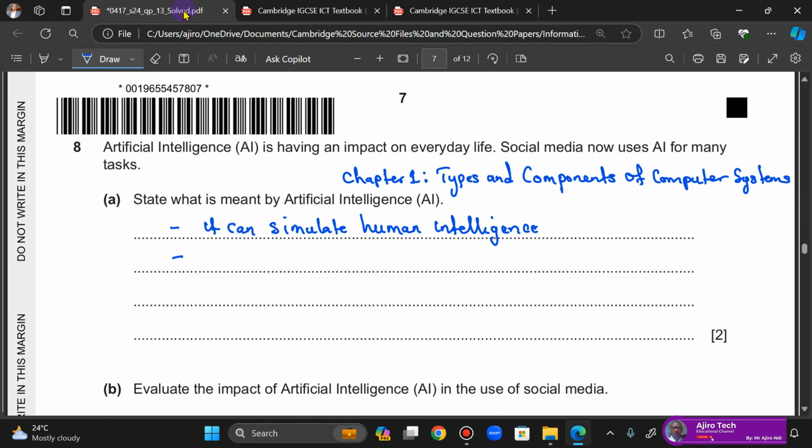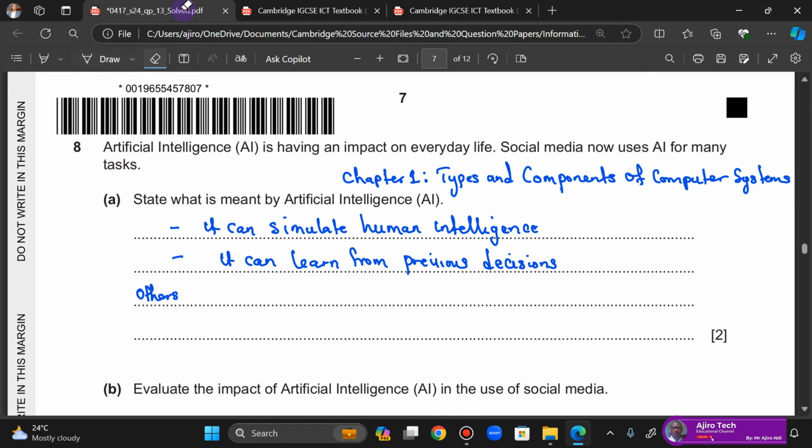Okay. Another one is it can learn from previous decisions. Okay. So this is very, very important. You can also add maybe just one here.